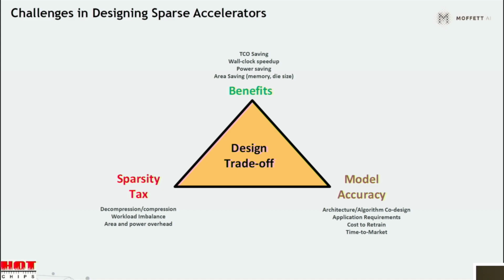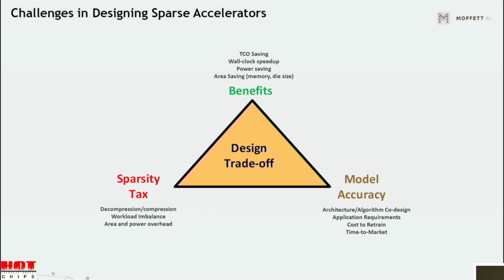For model accuracy, we consider architecture and algorithm co-design. Different applications may have different requirements. Some applications can sacrifice some accuracy, so you can use a very aggressive sparsity or pruning mechanism.